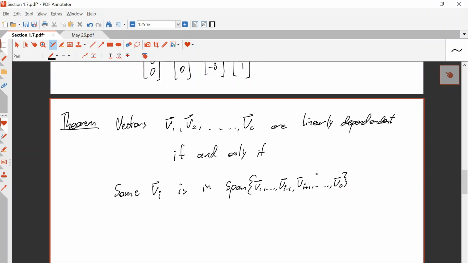All right. So linearly dependent means one of the vectors is in the span of the remaining vectors.